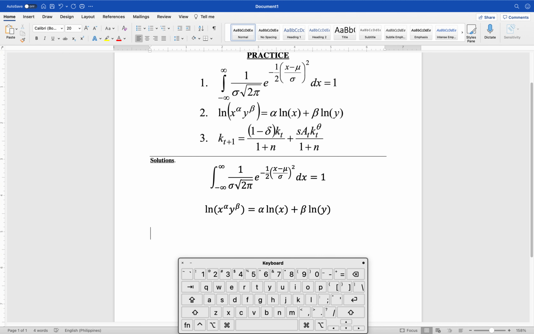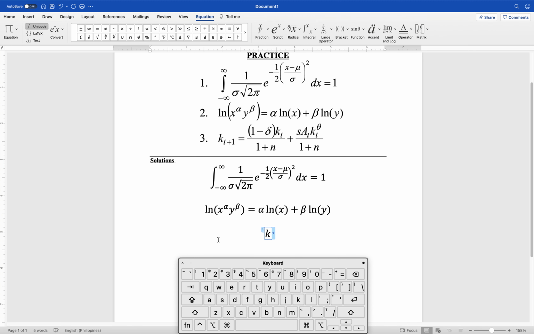Okay, now for number three, let's do this here. Control equals, or rather alt equals for Windows, k underscore, open parenthesis. We need to enclose it because we have a subscript that is an expression. So if I click space, that's going to become k sub t plus 1 equals a fraction.